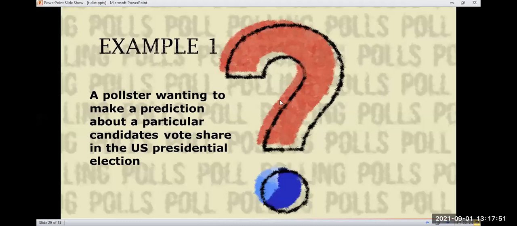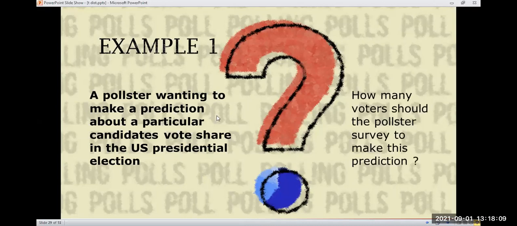For example, if there is a poll and you want to make a prediction about a particular candidate's vote share, like in the presidential election, an example we have already seen. We are interested in knowing how many voters the poll company should survey, asking whom they are going to vote for.